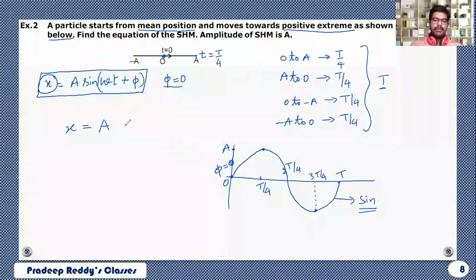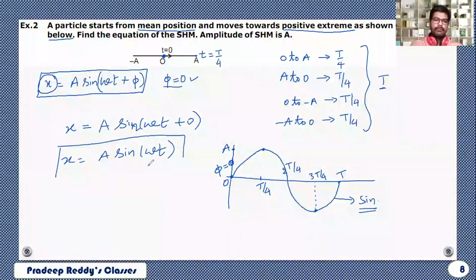So I can write the wave function as x is equal to A sine of omega t plus 0, which is x is equal to A sine omega t. This is how you can write down the equation for displacement of the particle executing simple harmonic motion.